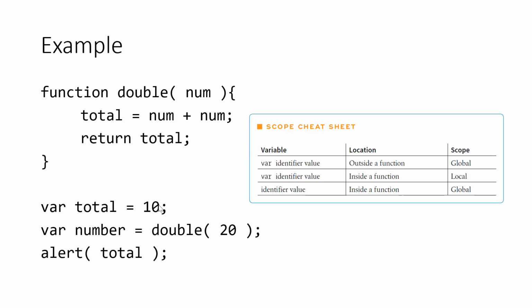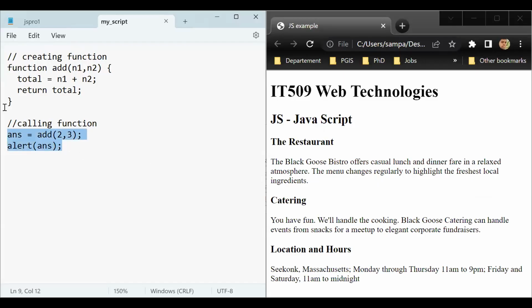And you see here we have var total 10, and we call the function here with this variable, and we try to print the total value. Now let's try to understand what happens. So let me create the function first.